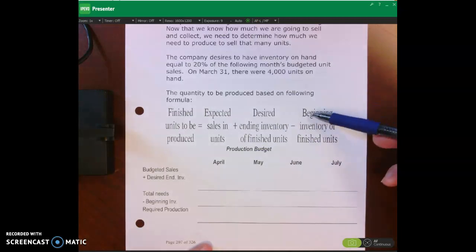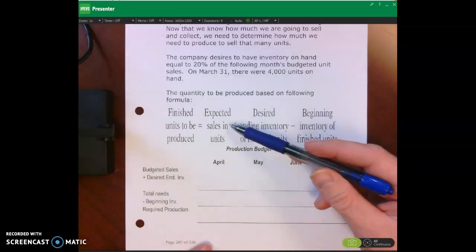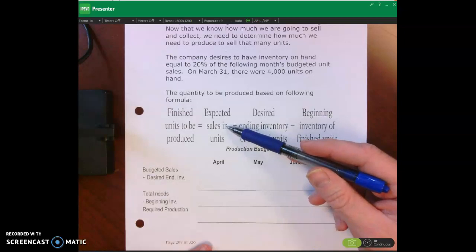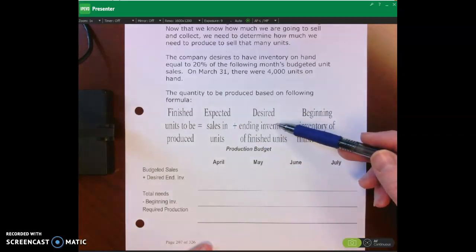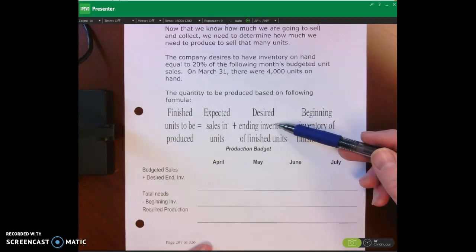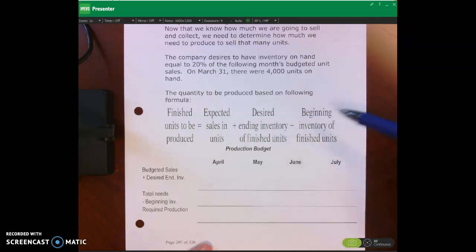But let's say we have some lemonade left over from the previous day. We have 10 cups left over from the previous day that we think we can sell today. Well, we think tomorrow we're going to sell 50, but then we want to have an extra 5 just in case we have more sales than we thought. It means we need to have 55 on hand, but we have 10 left over from yesterday that we can sell the next day.